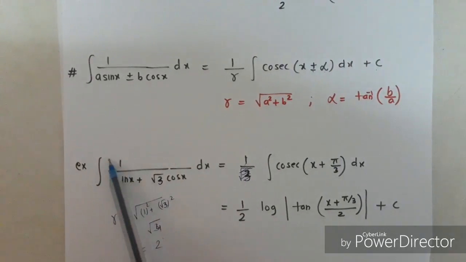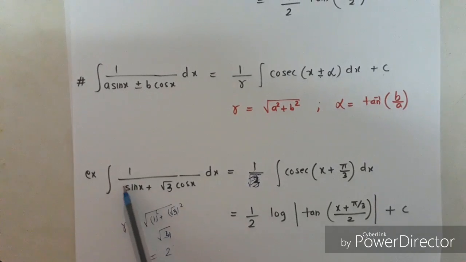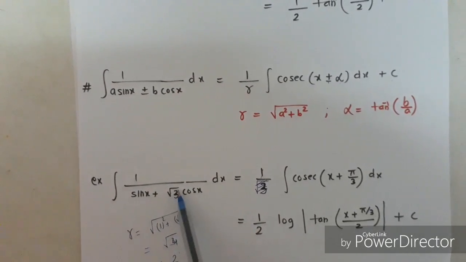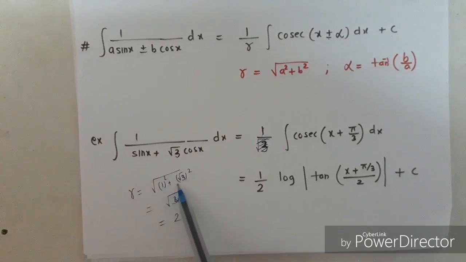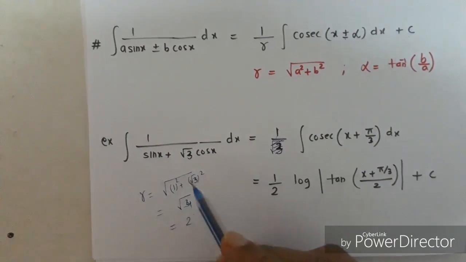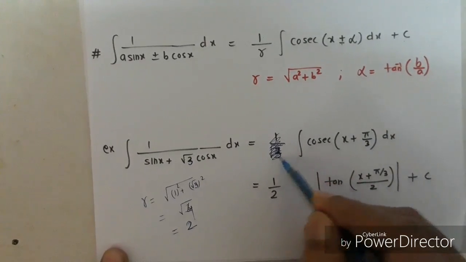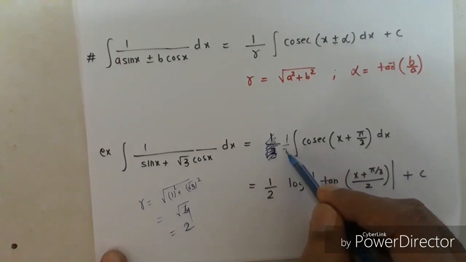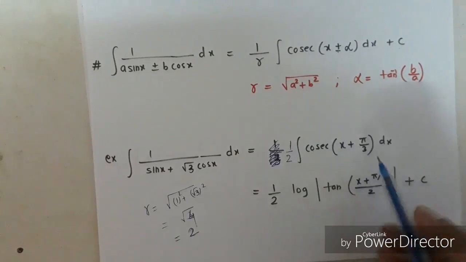Let's take an example, integral 1 by (sin x plus root 3 cos x). So the a value here is 1, the b value is root 3. So r equals root of (1 square plus root 3 square), which is root of 4, equals 2. So this is going to be 1 by r, which is 1 by 2, integral cosec (x plus alpha).